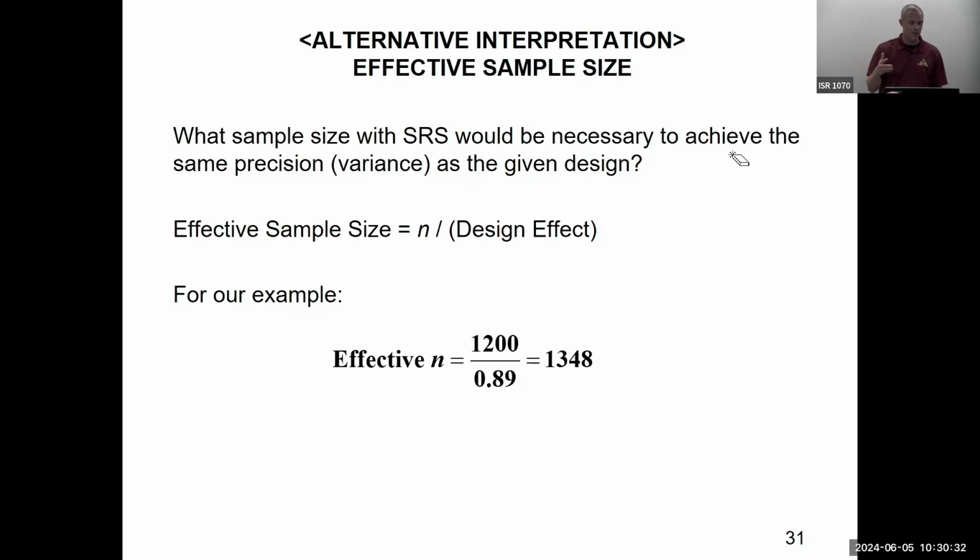We're going to keep coming back to this idea, but if you're writing a grant proposal or a study design and you need to do power calculations, those assume IID data. They assume simple random sample data. So when you do those calculations, you have to input the effective sample size, not the nominal sample size that you think you have.